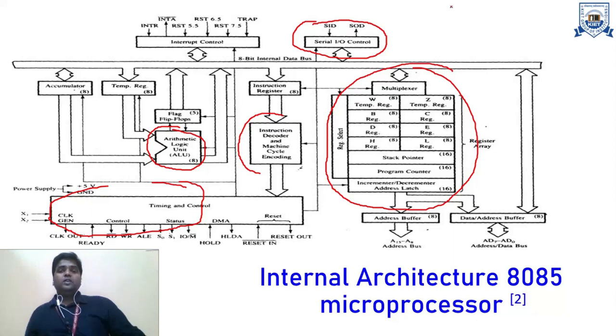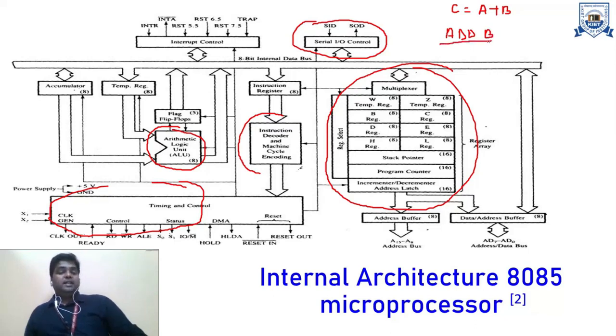We generally use a variable C, and we perform the addition of two variables: the first data is available in A, the second data is available in B. We perform the addition and the result is stored in variable C. When we implement this operation in the 8085 microprocessor, the language we use is assembly language, and we simply write ADD B.